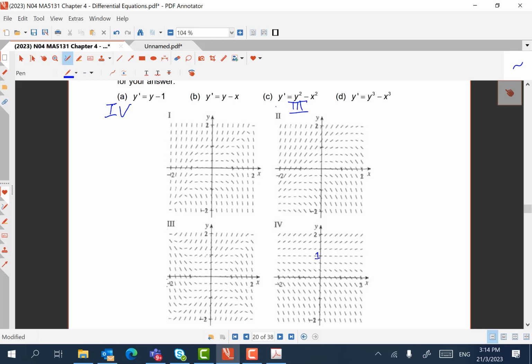One of them will be steeper. For these two, when x is 0, the gradient is likely to be bigger for this one than for this one. For example, at a point 0.05, part D will have a steeper gradient than part B.